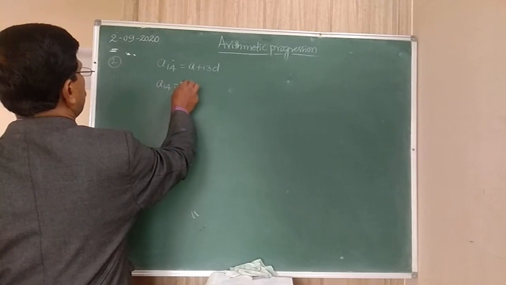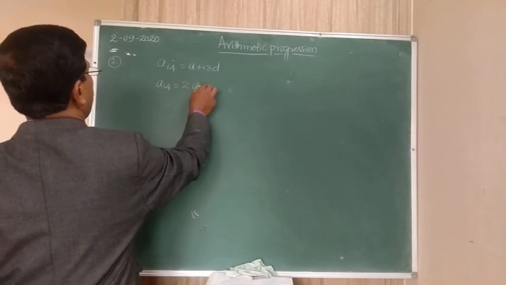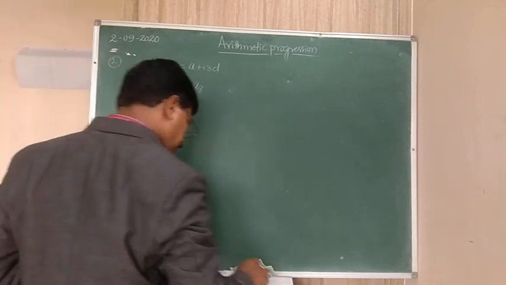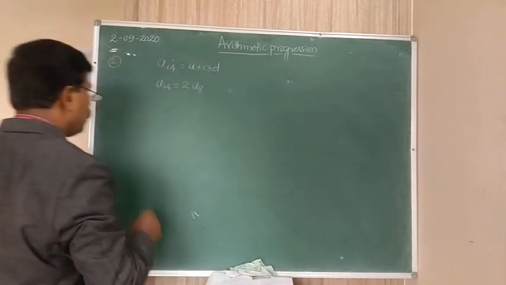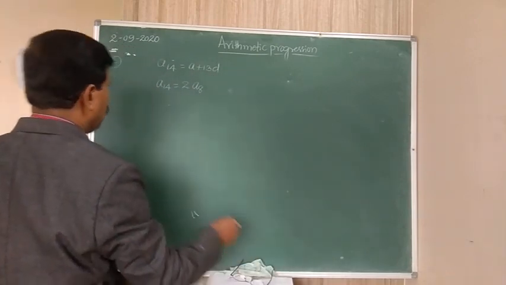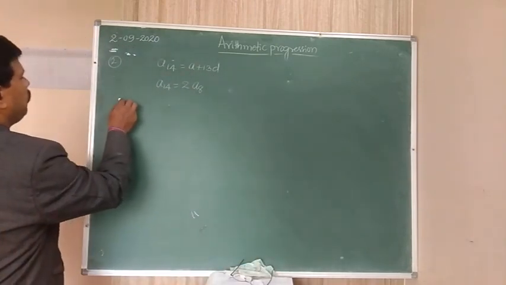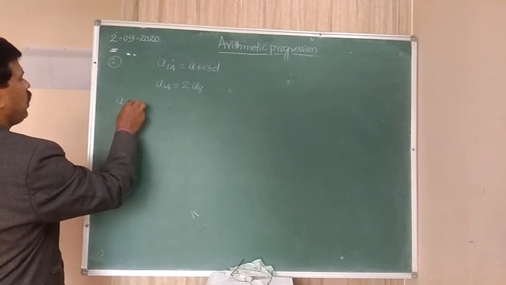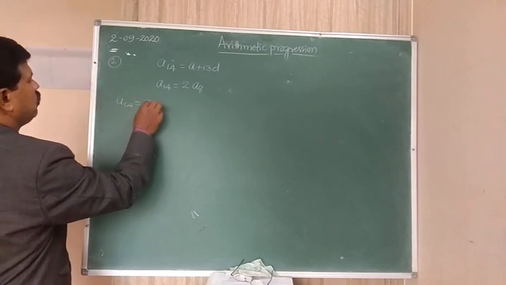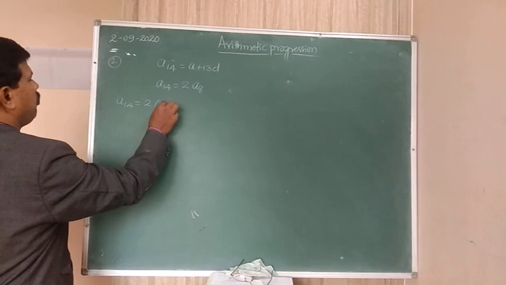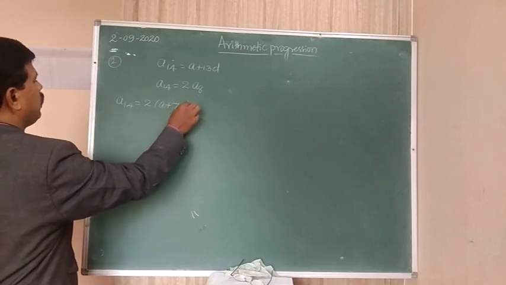A14 is equal to twice of A8. Right. Then now here A14 is equal to 2 into A plus 7D.